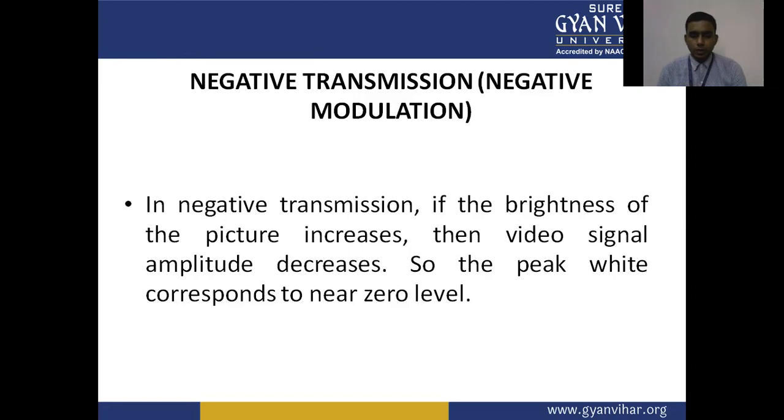In the case of positive transmission or positive modulation, the brightness of the picture is directly proportional to the video signal amplitude. So the peak white corresponds to near zero level.